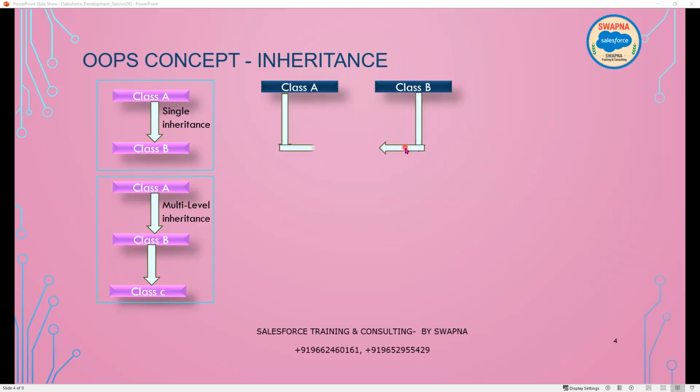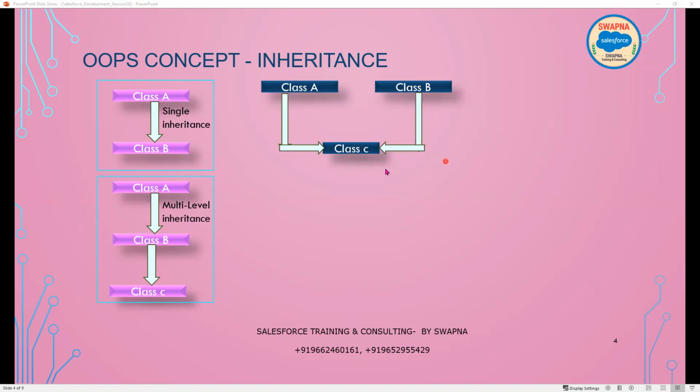The child is connected to class A and the child is connected to class B. That means one child is connected to two parents. That means class A's properties are passed to class C.